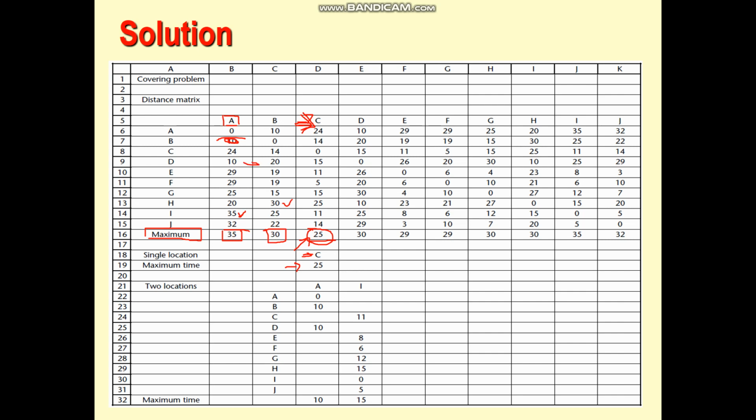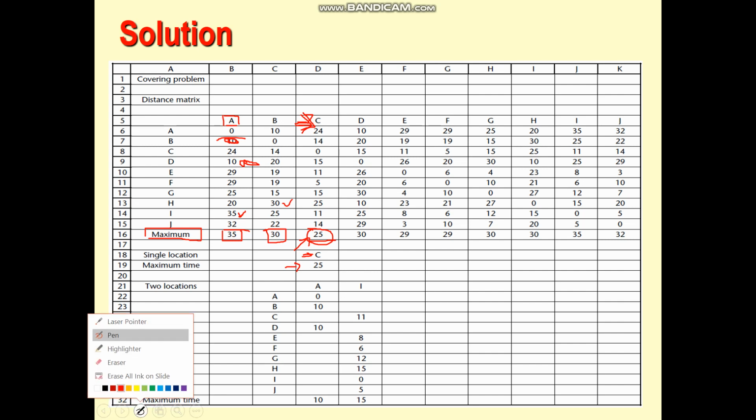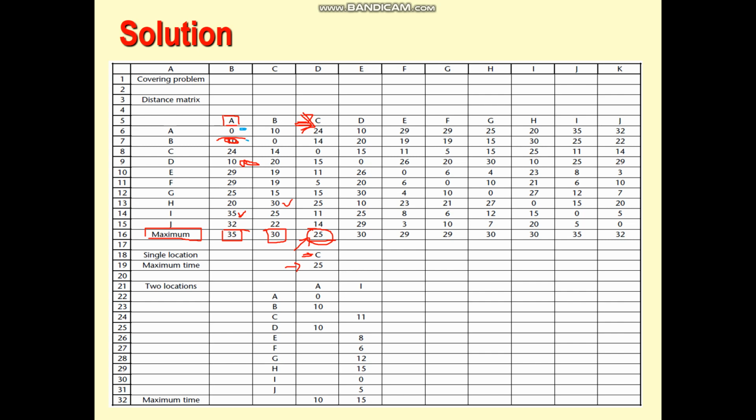But for D, we can. For E, F, G, H, I, J, we cannot because it's over 15 minutes. So we have 2 points. If we locate our facility in A, we can satisfy the customer in A, in B, and in D.